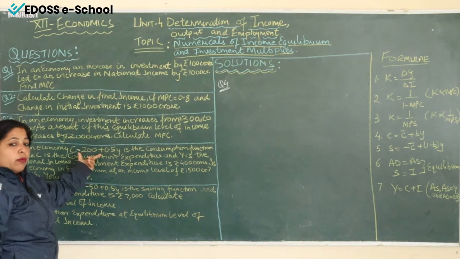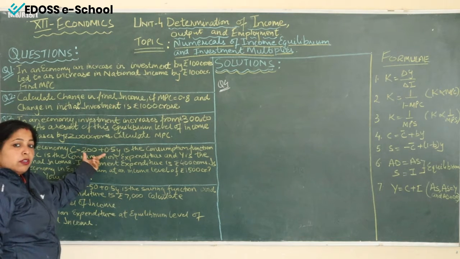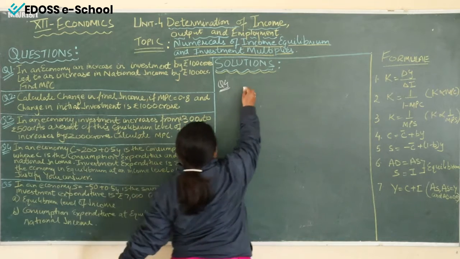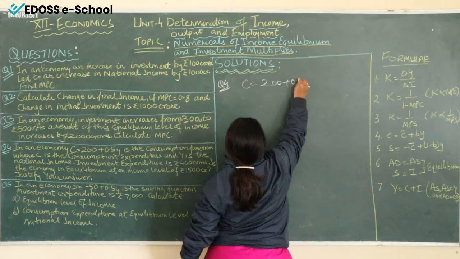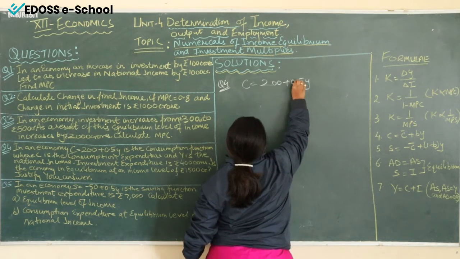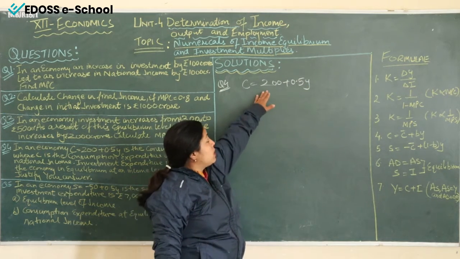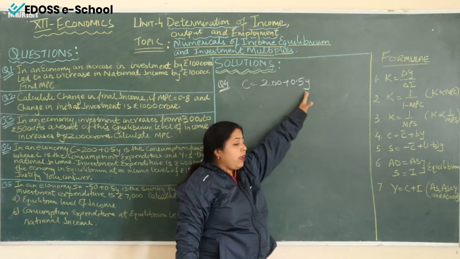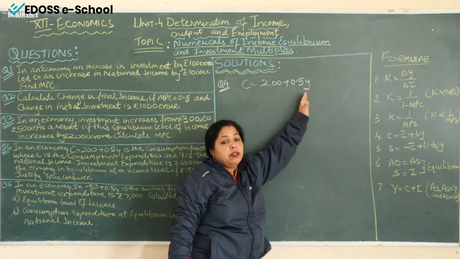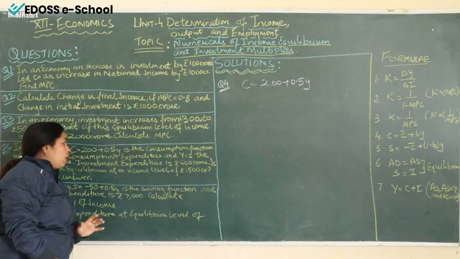As you are watching this equation, this is the equation of consumption function. So, we are going to write this here, C is equal to 200 plus 0.5 y. Now, in this equation, as you all know, C bar is 200 and 0.5 is MPC and y is the income level. So, let us move on to the question.